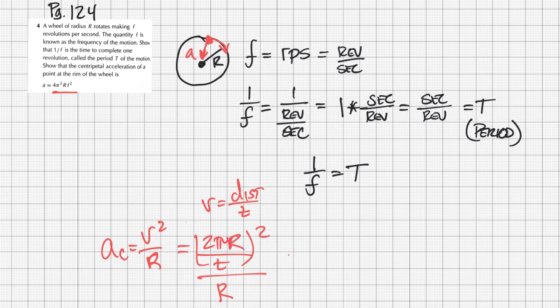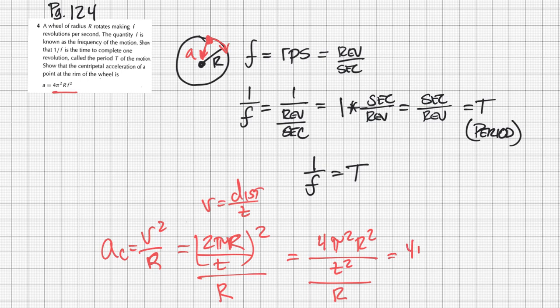So let's write this out. This is just algebra now and just seeing how this all works together. We have 4π²R² over T² over R. So again, our math teacher doesn't like this setup here. So instead of dividing by this R, we're going to multiply by the reciprocal.